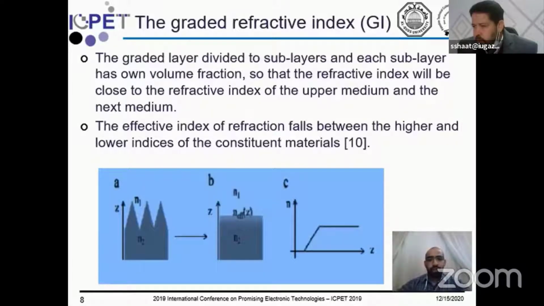The graded layer is divided into sub-layers, and each sub-layer has its own volume fraction, so that the refractive index will be close to the refractive index of the upper medium and the next medium. Then the effective index of refraction falls between the higher and lower index, as shown in the figure below.